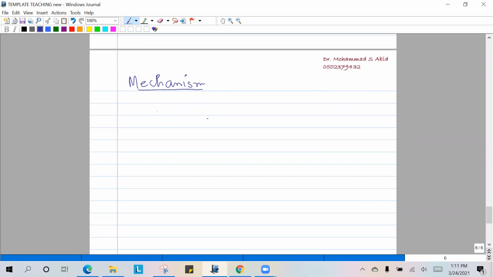So if we look at the mechanism, the reason why I'm explaining the mechanism for this but not for the cyanide is because the mechanism for ammonia is required, cyanide is not required. So over here, let us say I had taken this.